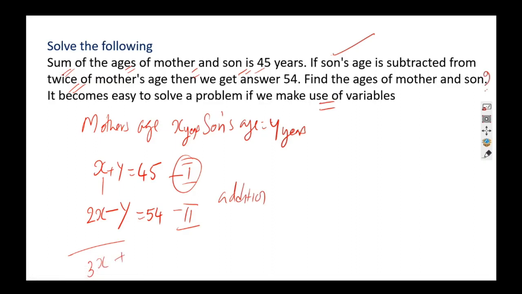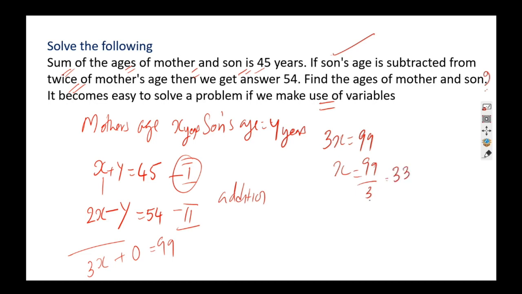Plus y plus minus y is equal to 0. 45 plus 54 is equal to 99. That means 3x is equal to 99. Easy. x is equal to 99 upon 3, which is equal to 33.